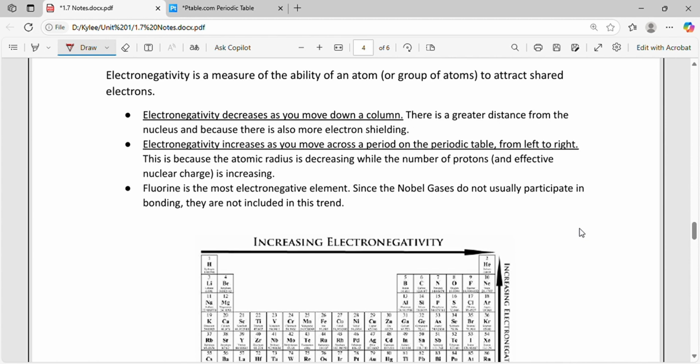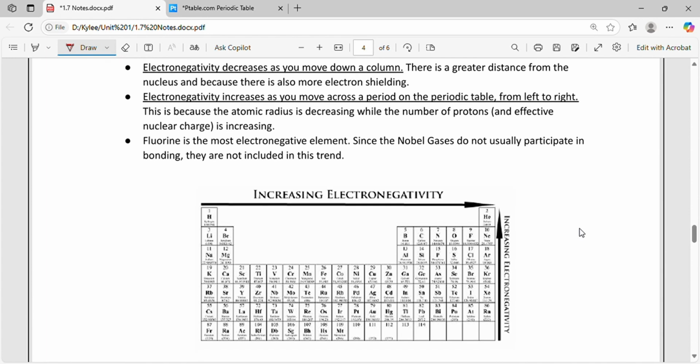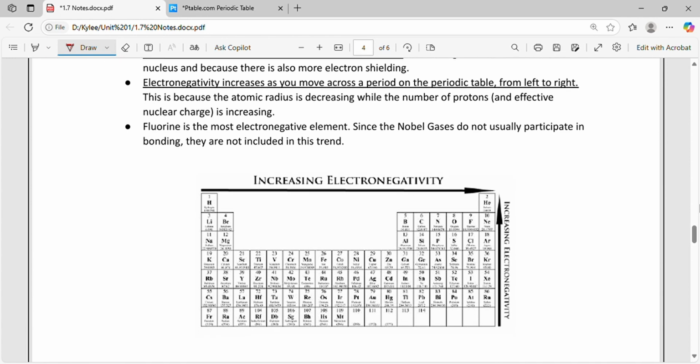So we have Coulomb's law showing up, and electronegativity actually increases as you move across and going to the right. Fluorine is the most electronegative element, and that comes up a lot. We don't usually include the noble gases in this trend because most of them don't bond with other atoms, and if they do, it is a really interesting situation.